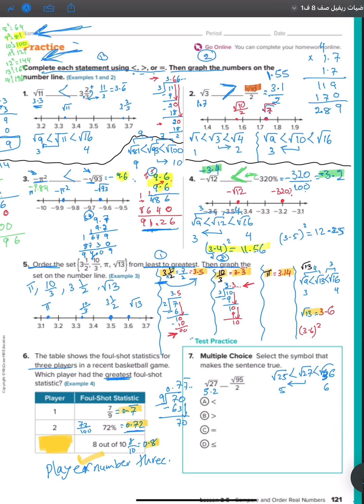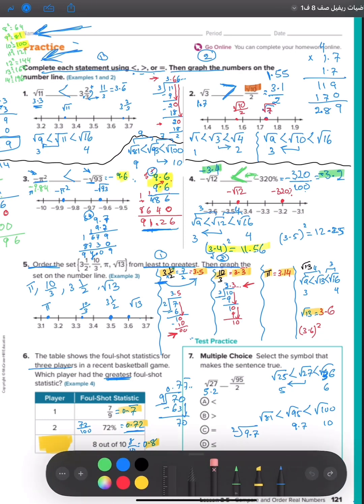Make multiplication to check. For square root of 95, 81 is less than 95, which is less than 100. It's closer to 100, but it's not 10, so it will be 9.7. But we have divided by 2, so you must do 9.7 divided by 2.